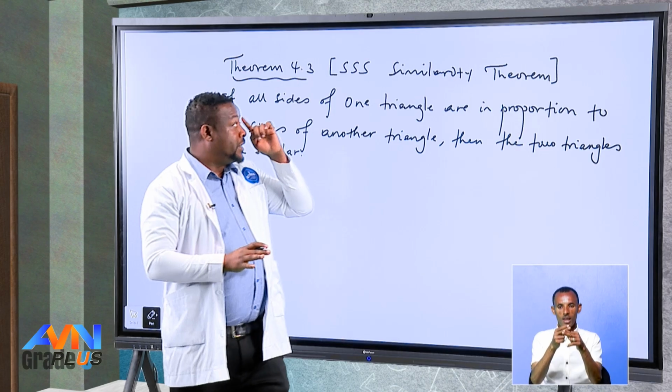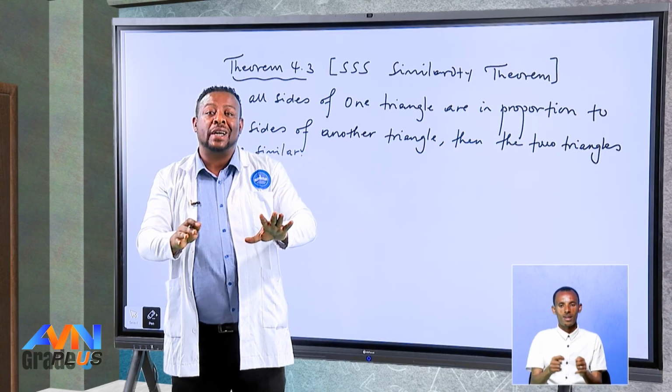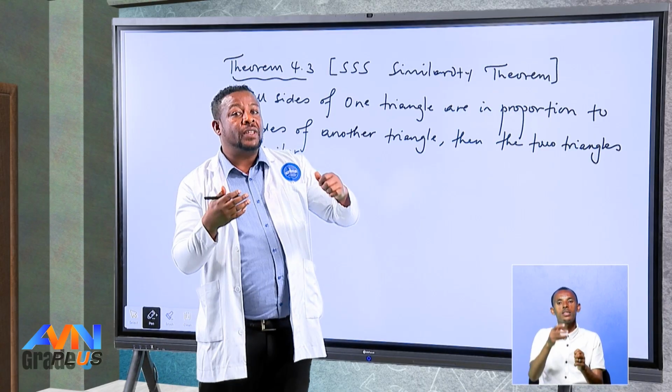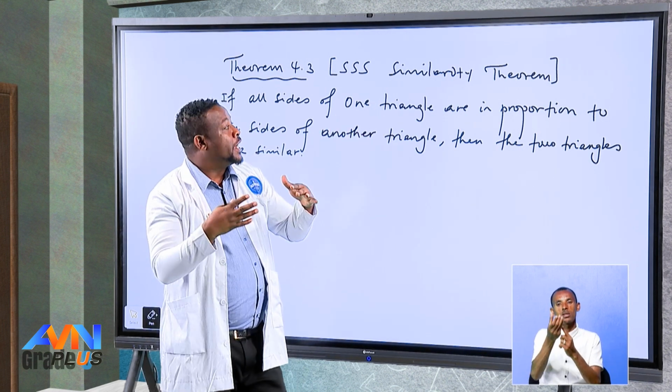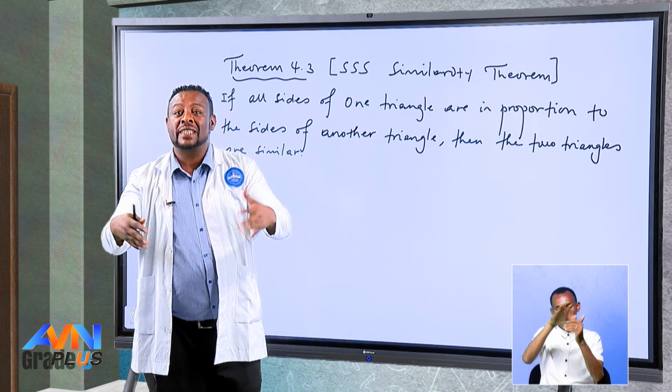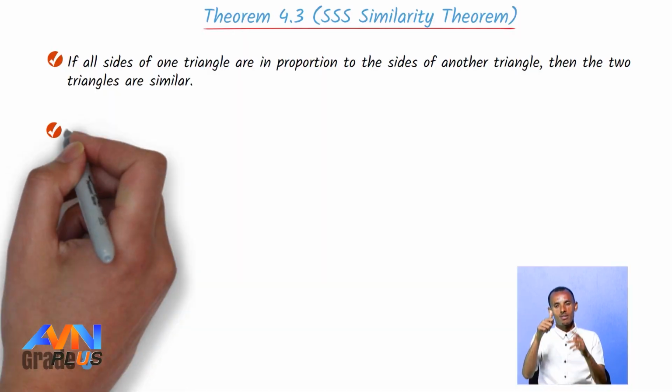Okay, so shortly, this theorem is saying that any two triangles are similar if this condition is satisfied. What is that condition? The ratio of all corresponding sides of one triangle is the same as that of the other triangle, right?